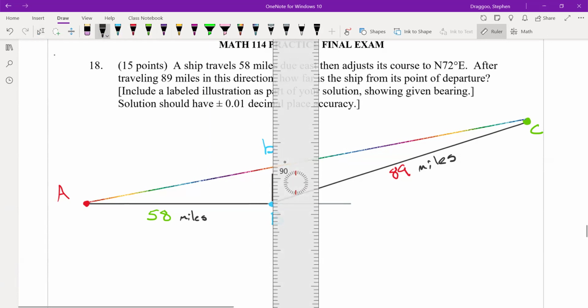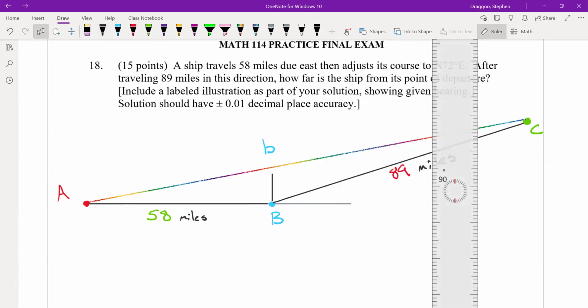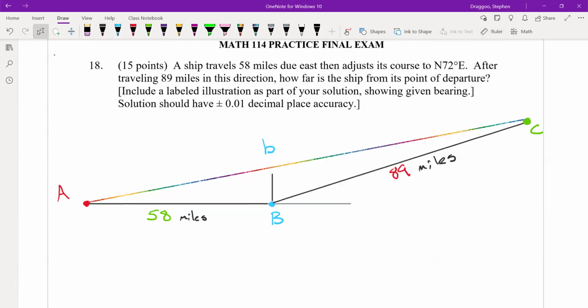Namely, we haven't labeled our bearing angle. So we were told that the ship adjusts course to 72 degrees east of north, which means that this purple angle right here is 72 degrees.